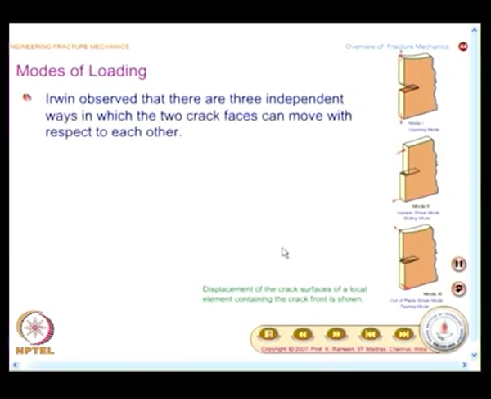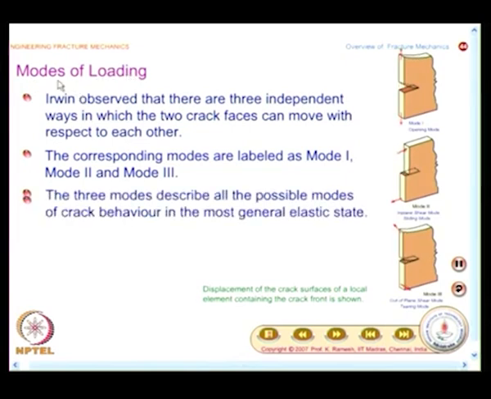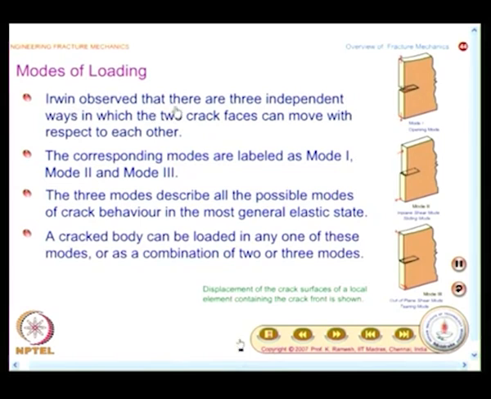Then we move on to the important aspect, that is, what are the modes of loading near the crack tip. This is again a contribution by Irwin, and he observed that there are 3 independent ways in which the 2 crack faces can move with respect to each other.